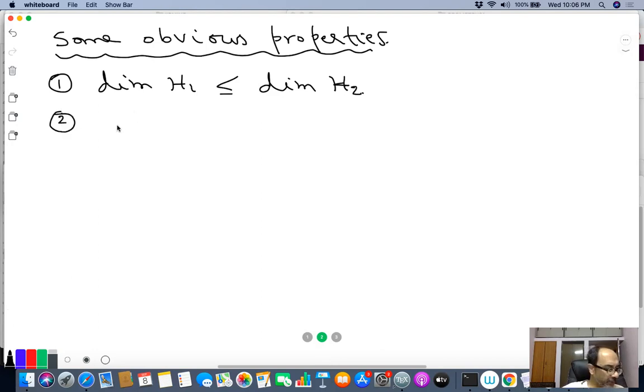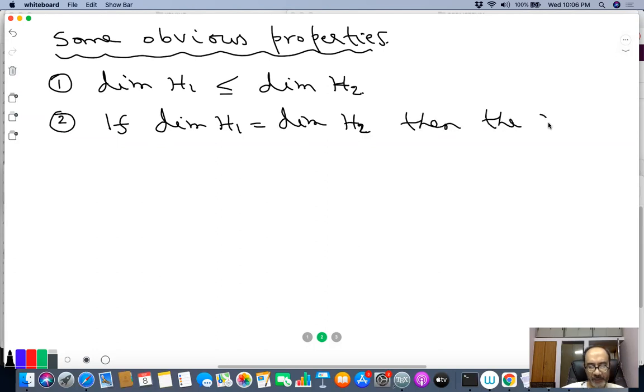The second property is that if dimension of H1 is equal to dimension of H2, well, it's not a property, it's just an observation, then the map is called unitary. Well, that's the usual definition of unitary maps.